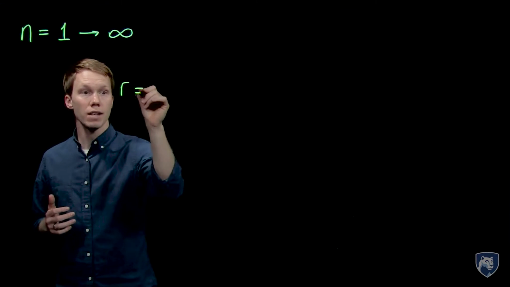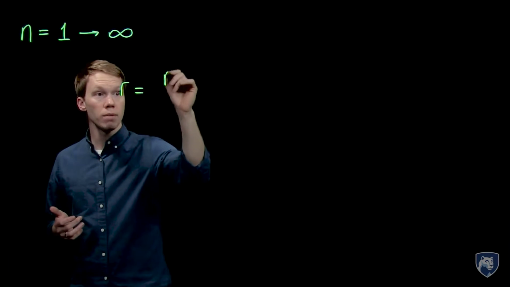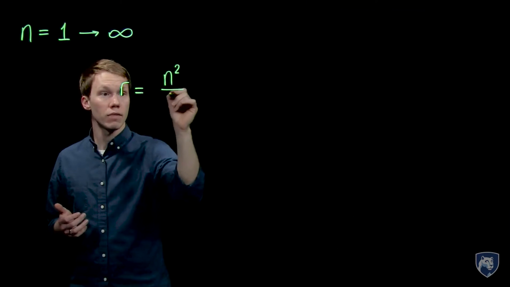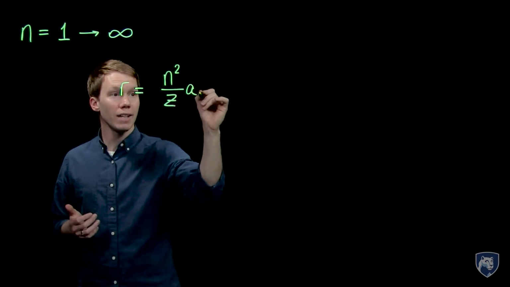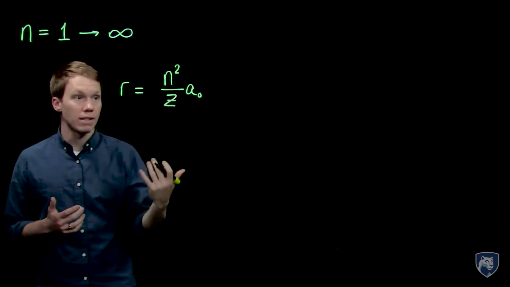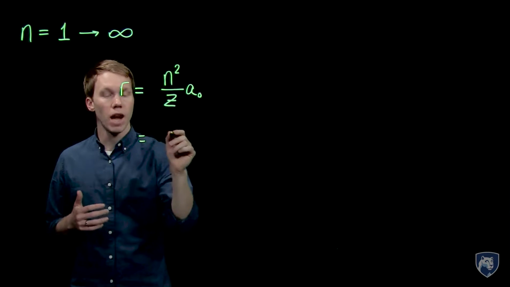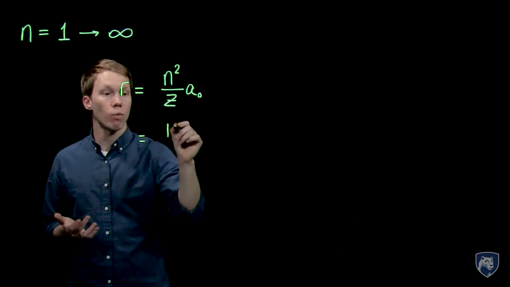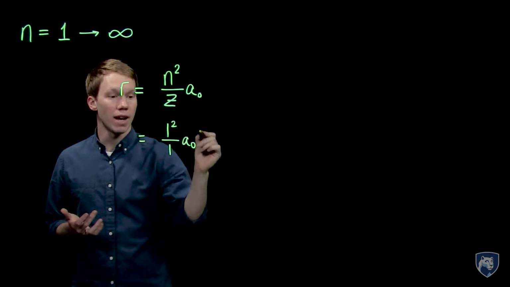He said that the radius of an orbit was equal to the principal quantum number squared divided by the nuclear charge multiplied by a scaling factor a naught, or a sub 0. And for the hydrogen atom, if we're talking about the first orbit, we'd have 1 squared over 1 times a naught.